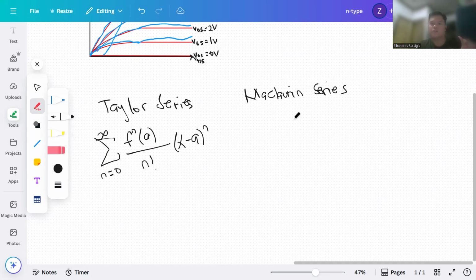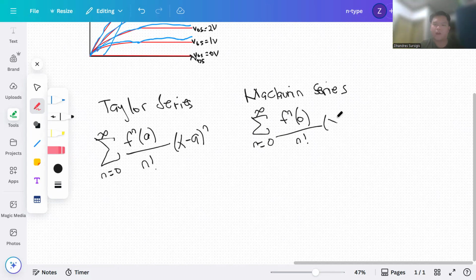Maclaurin series is just the Taylor series centered at 0. So instead na a, we will use 0. So summation lang din siya from n equals 0 to infinity, nth derivative defined at 0 over n factorial times x raised to n. Okay?